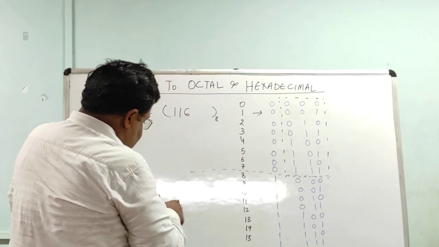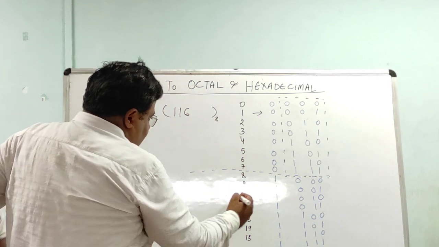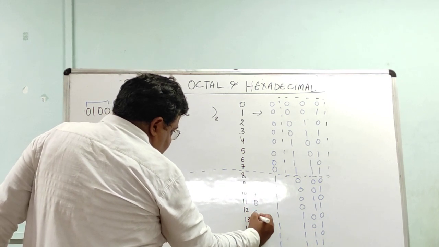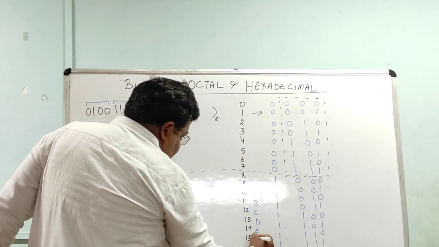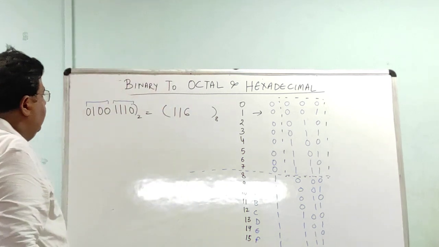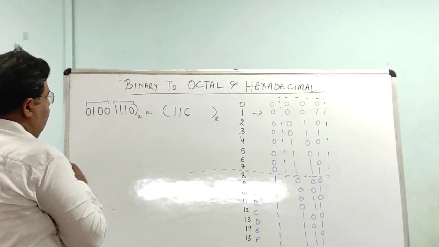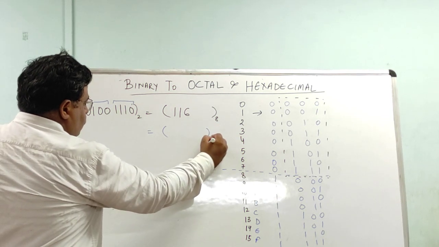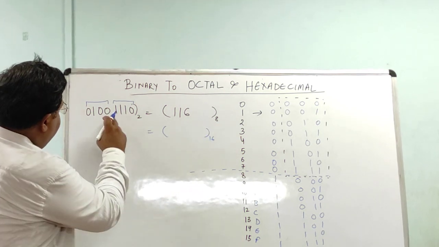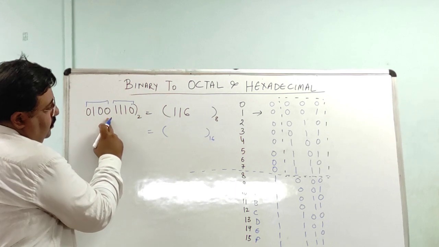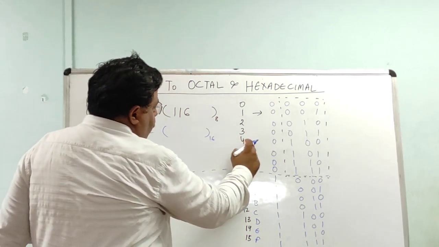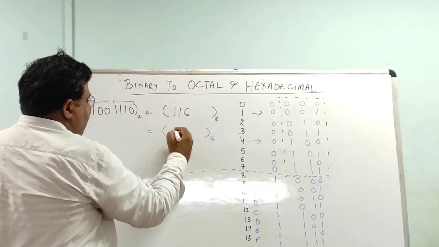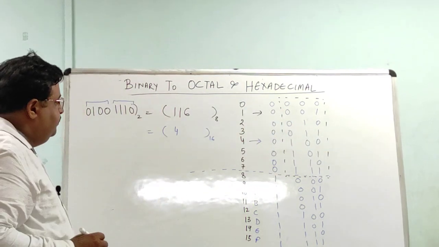Again these numbers I will represent by A, B, C, D, E and F. So from the table, 0100 is 4, so I will write 4 here.